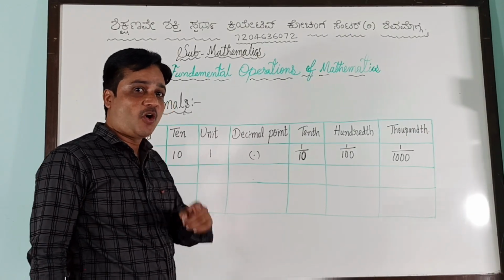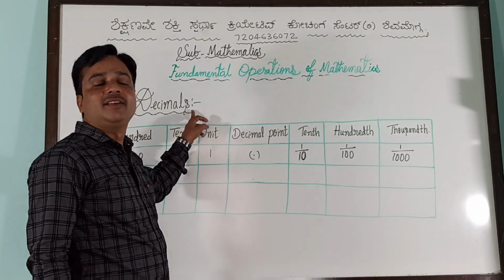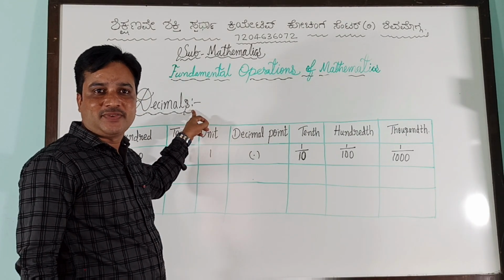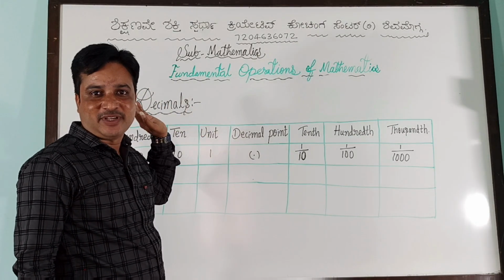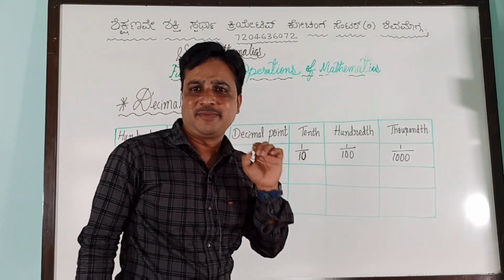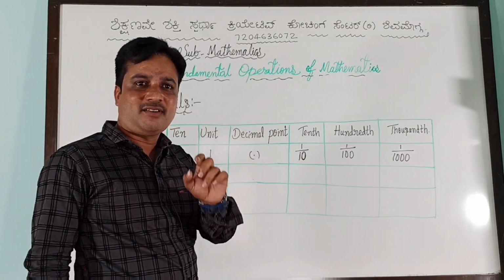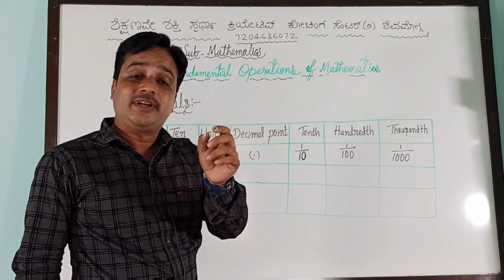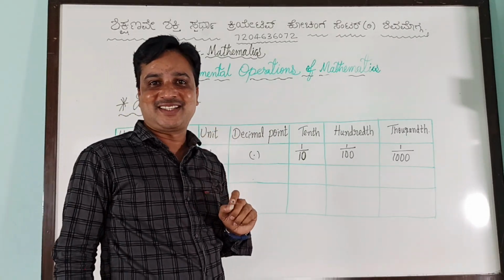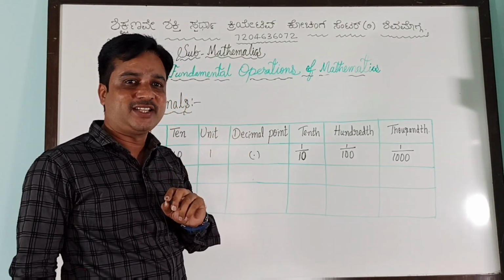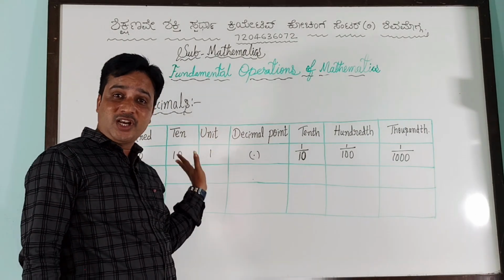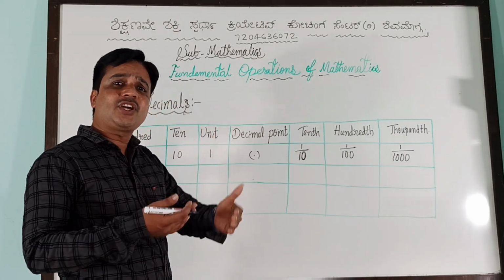Now let's see the concept of decimals. What do you mean by decimals? Decimals are numbers less than the whole numbers. That we have to understand here. Which are the whole numbers?